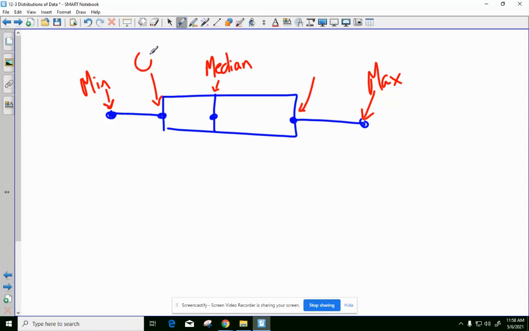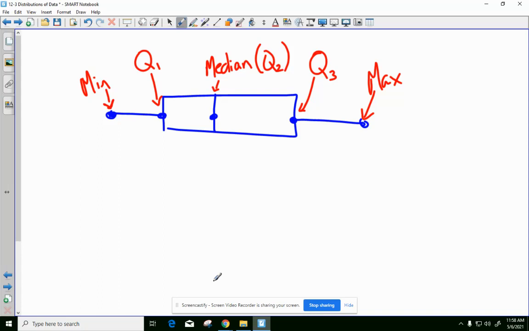We would call this one the first quartile or Q1, and then over here on the right-hand side, Q3. Essentially what we're saying is the first quarter and the third quarter. The median is truly the second quarter. So what we're getting here is a distribution of our information broken up into 25% chunks along the way.